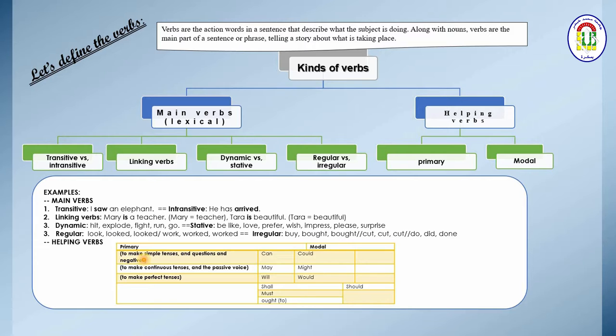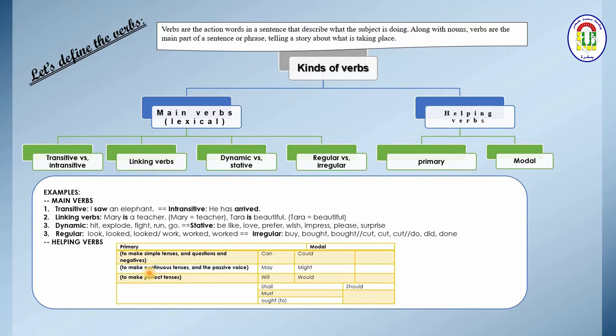So I say I didn't do something, or did you do something? So we use it with the main verb in order to form the negative form or the questions. Also to make continuous tenses and the passive voice. Here the continuous tenses, for example, I am going to do. For the passive voice, I say the cat, for example, caught the mouse.